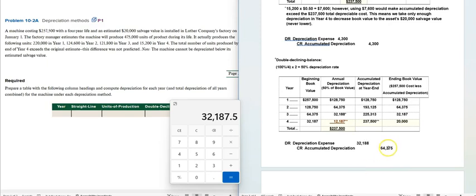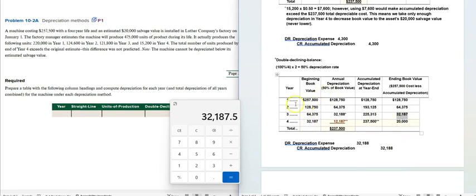Debit depreciation expense for $32,188, credit accumulated depreciation for $32,188. When that is recorded, it causes my accumulated depreciation to increase, and my book value, cost minus accumulated depreciation, falls to $32,187.